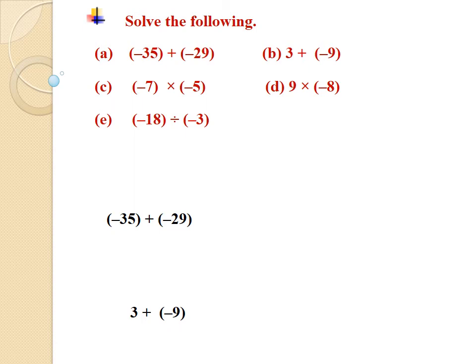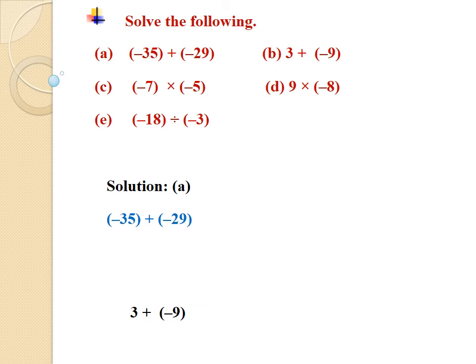Sum A. Minus 35 plus minus 29. Students, in this sum, we have to add the integers as whole numbers by ignoring the minus sign, and we have to place a minus sign as the common sign is minus.